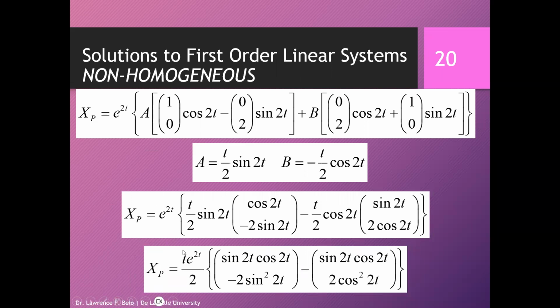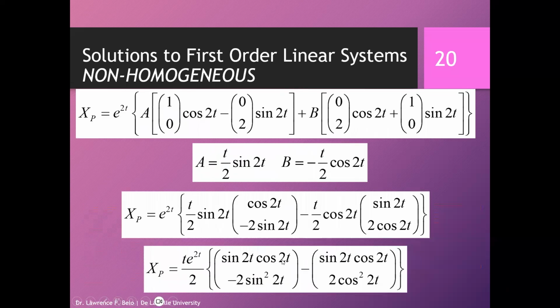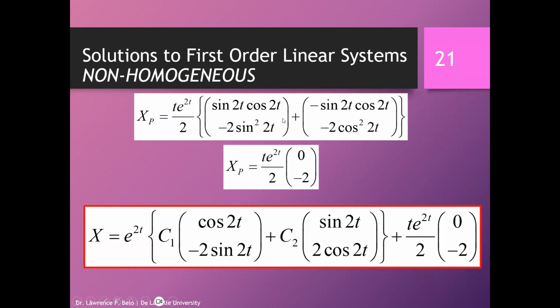So this is your xp. But xp, di ba? You'll notice that you can still combine them pala. Kasi dalawang terms pa siya eh. Ay, ba't ganun? Nung kinombine, naging 0, 2. Eh di mas maganda, it's a lot simpler. It became 0, negative 2, by the way.